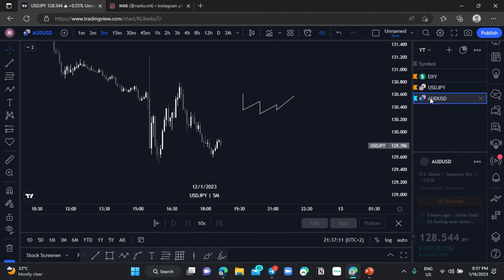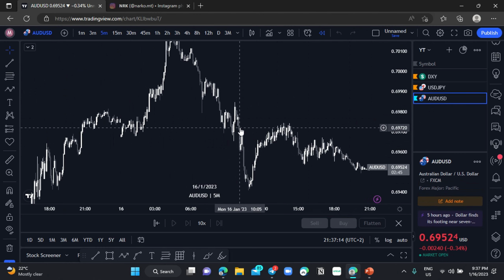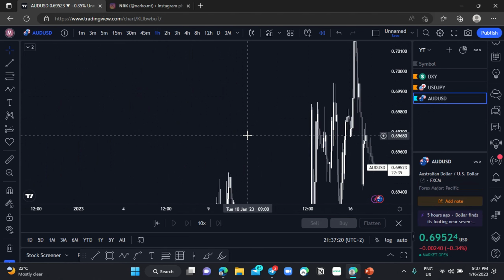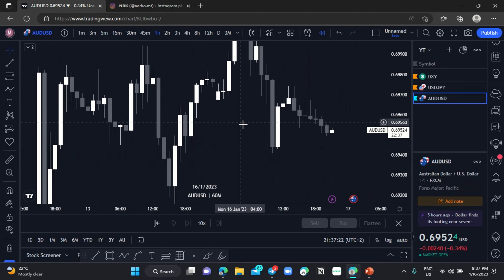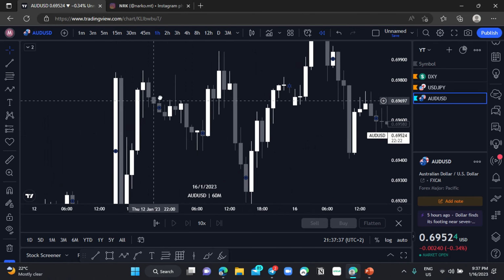And then if you move on to the Aussie dollar here, let me just look for when CPI happened. CPI happened on the 12th. Let me just find it. Yeah, it's somewhere here.